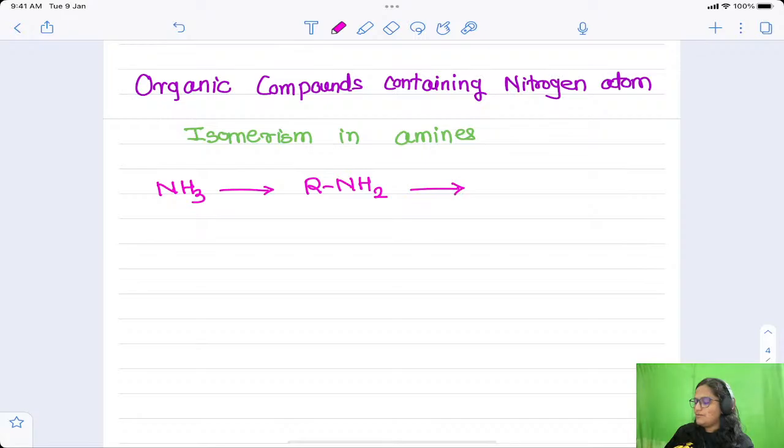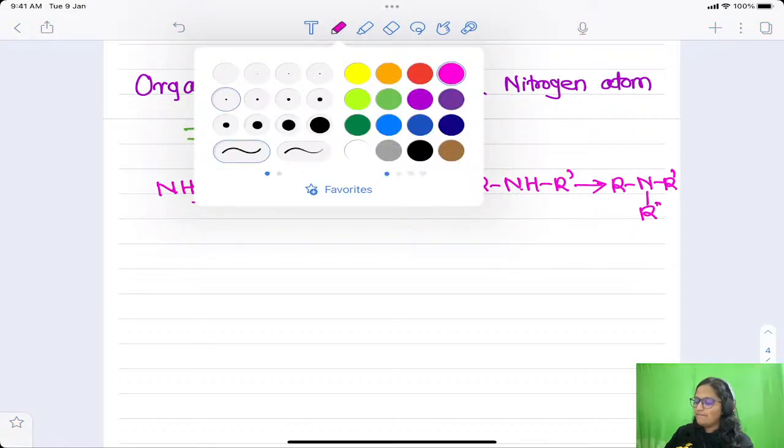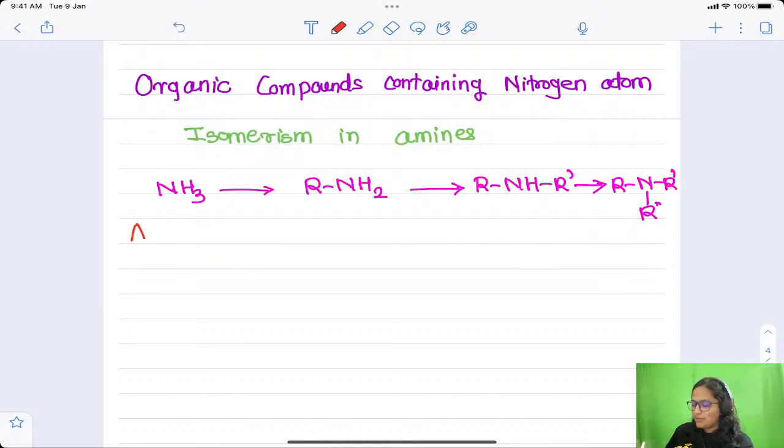If a second hydrogen is replaced, we get RNHR', and if all the hydrogens are replaced, we get RNR'R''. So these are the different amines. R may be an alkyl or aryl group.